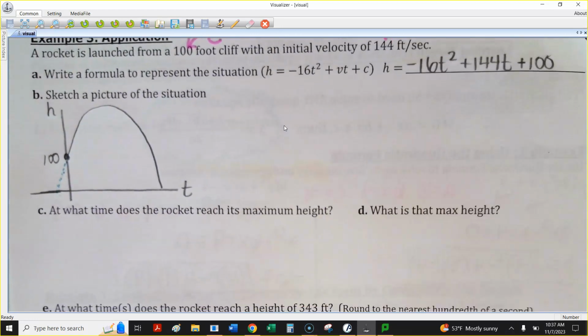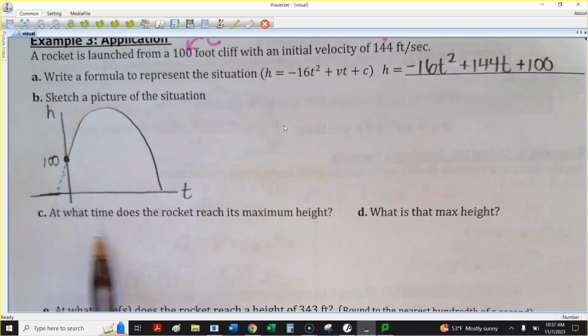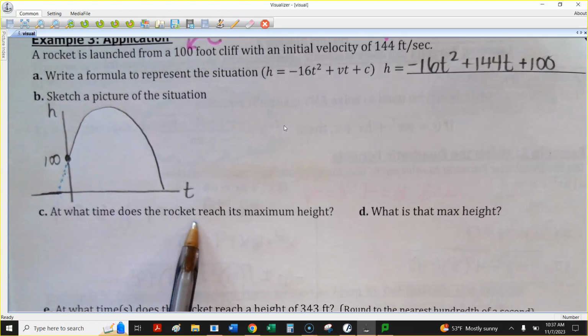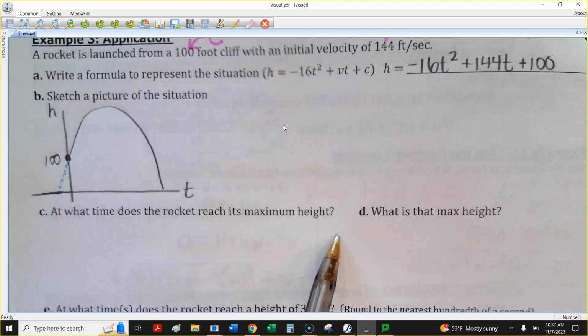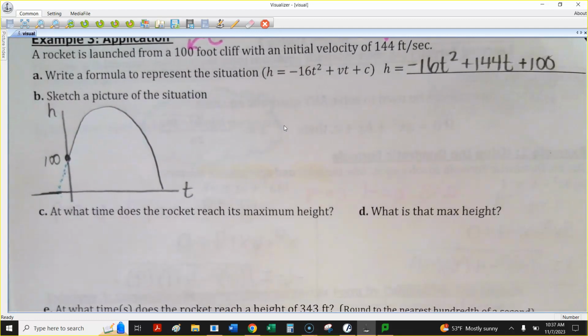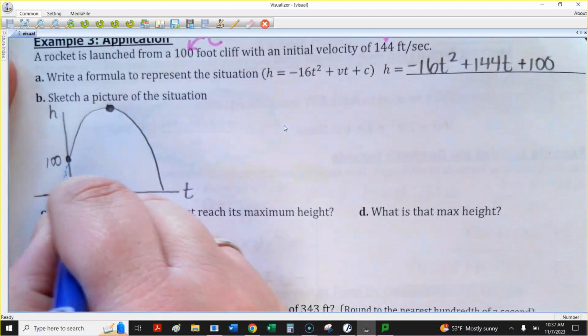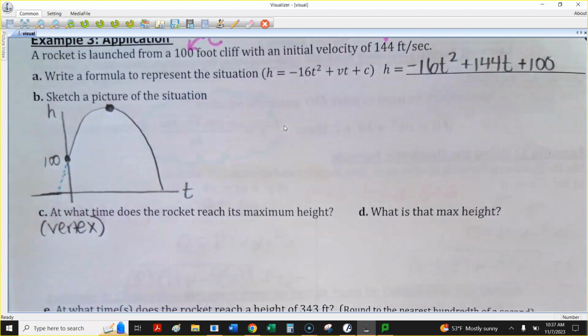But these two questions right here are going to be a little review. This says, at what time does the rocket reach its maximum height, and then what is the maximum height? Where on the graph would the rocket reach its maximum height? Not a specific point, but the vertex. That's what I was looking for. Okay. So anytime you're asked for maximum or minimum, it's just asking you for the vertex.